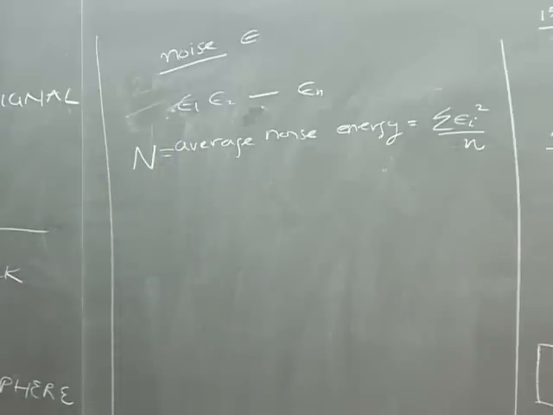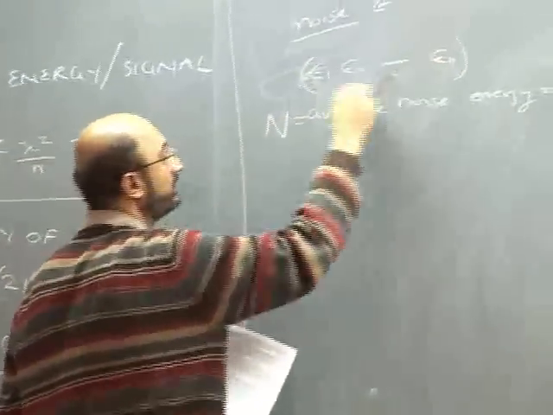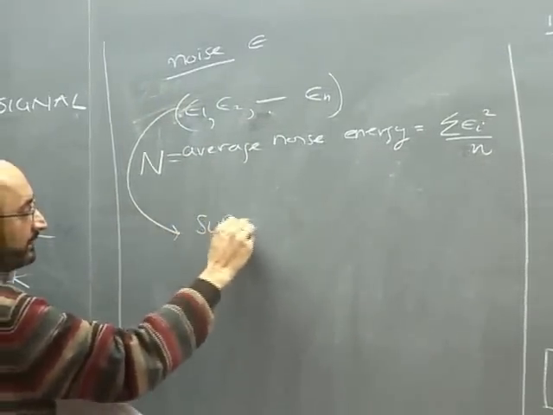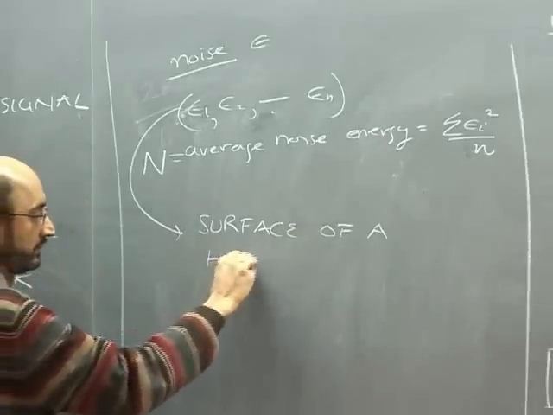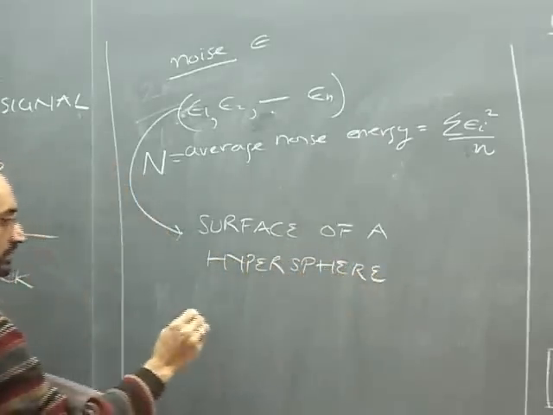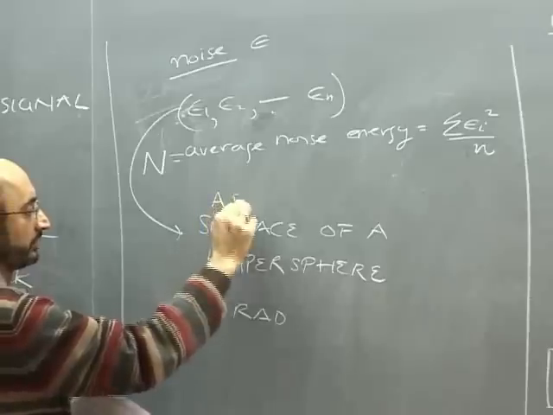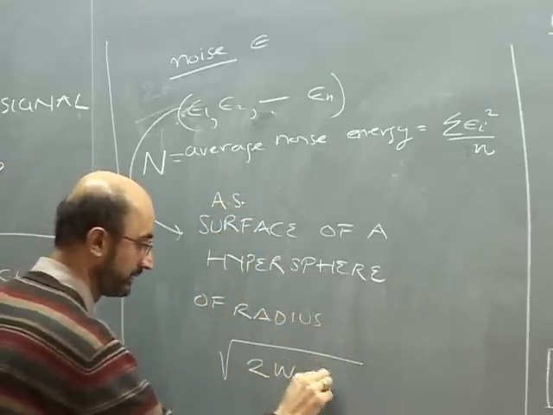Then I can say that the noise, viewed as a signal, is going to be on a radius of a hypersphere as well. It's going to be this particular point on the surface of a hypersphere of radius, almost surely, square root of 2WNT.